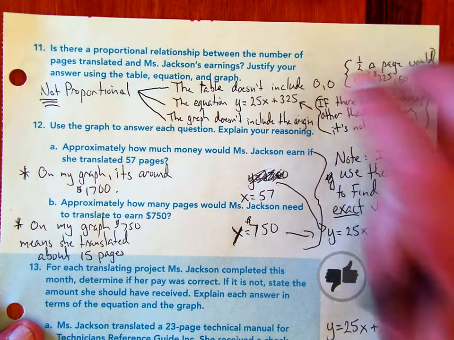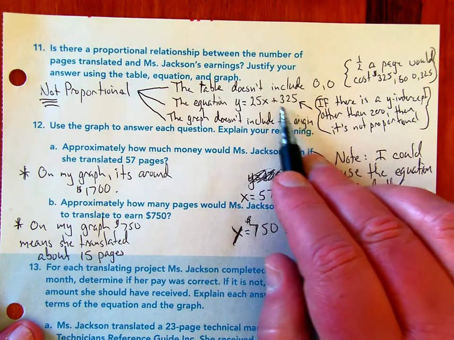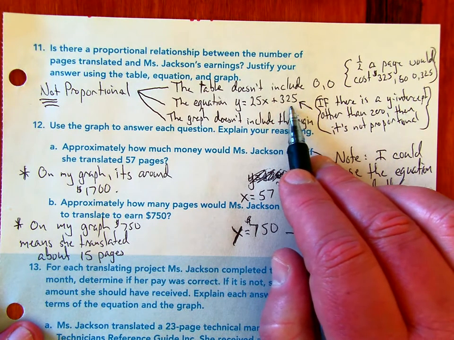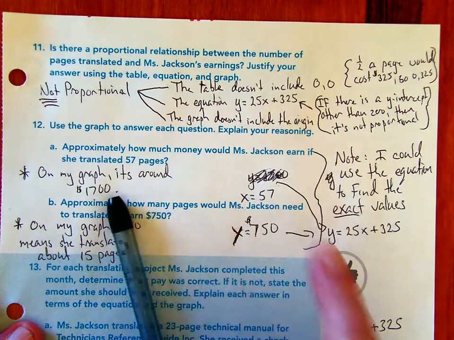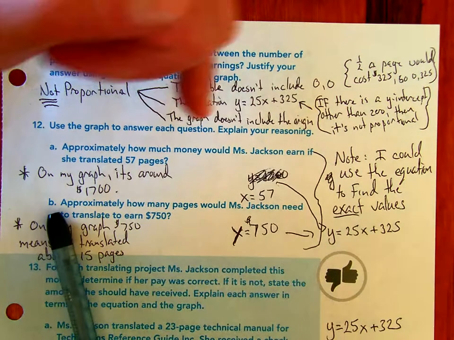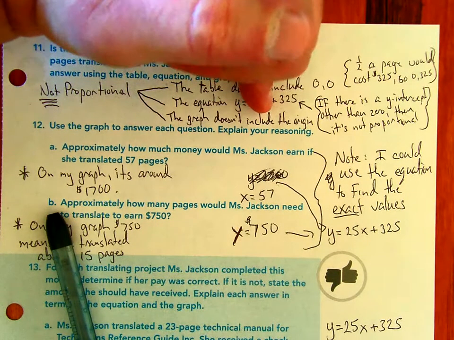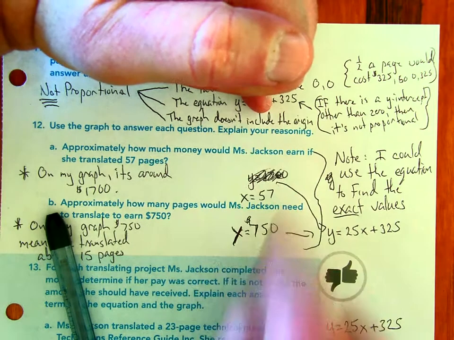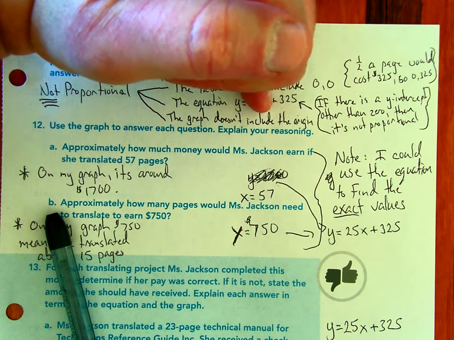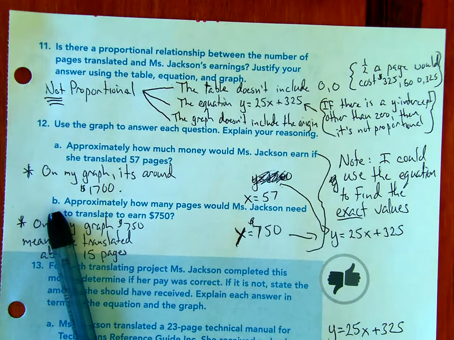But as soon as you have a plus or minus some number out here, it's not proportional. When x is 0, 25 times 0 is 0. I'm going to use Mr. Penner's finger method, and cover that up, pretending like that's a 0. And when x equals 0, y equals 325. It's not proportional. Again, if it was proportional, when x equaled 0, y also has to equal 0.